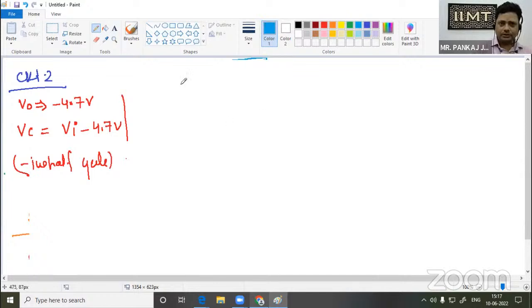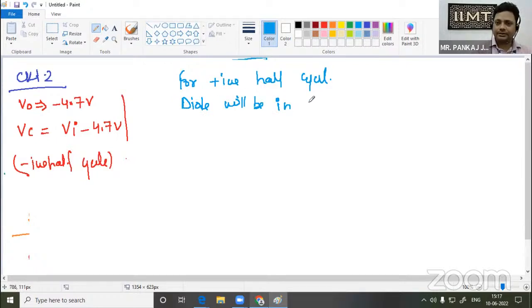So for positive half cycle, our diode will be in which condition? Reverse bias condition. So equivalent circuit will be plus minus Vi.